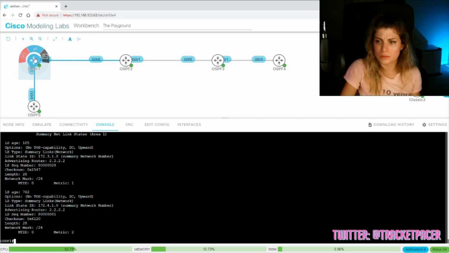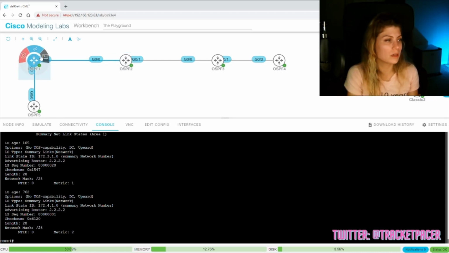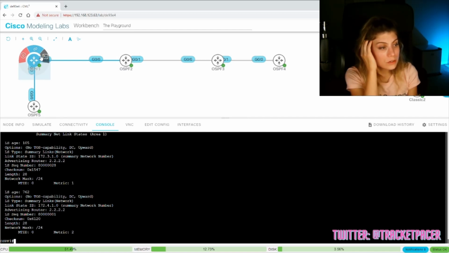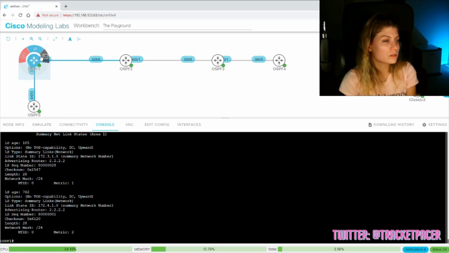Well, actually, no. Anyway, we receive our type 1 and create a type 3 LSA with it and send it on to OSPF 3. If an ABR receives a type 3 LSA from area 0, it generates a new type 3 LSA for the non-backbone area and lists itself as the advertising router with the additional cost.